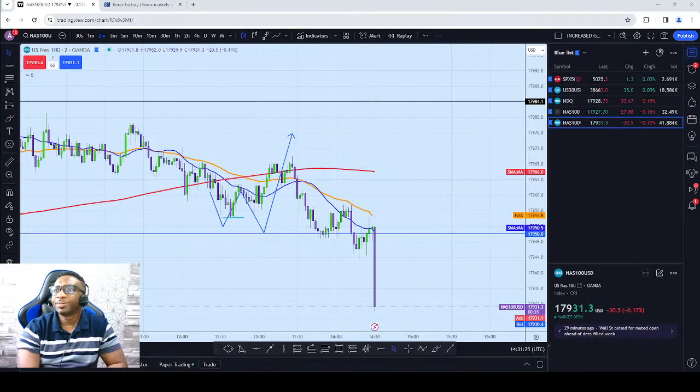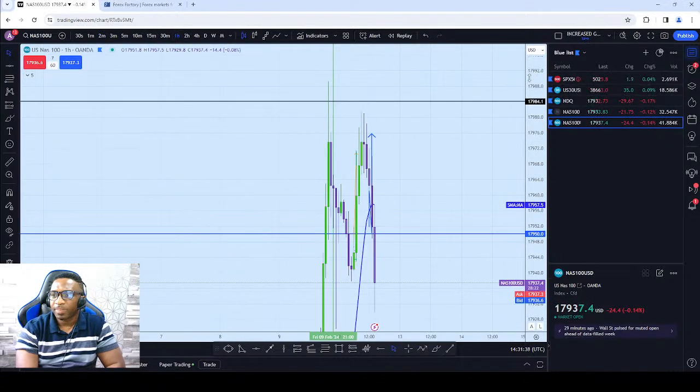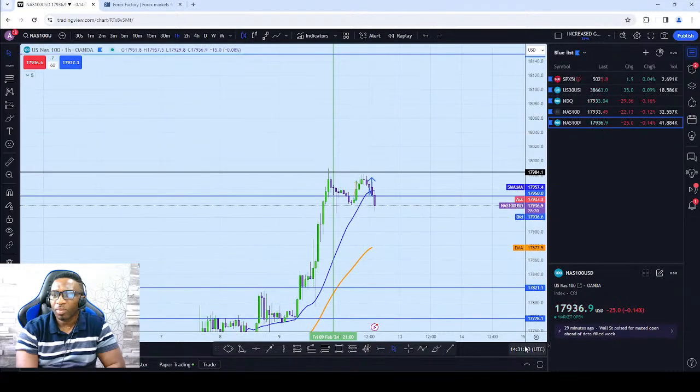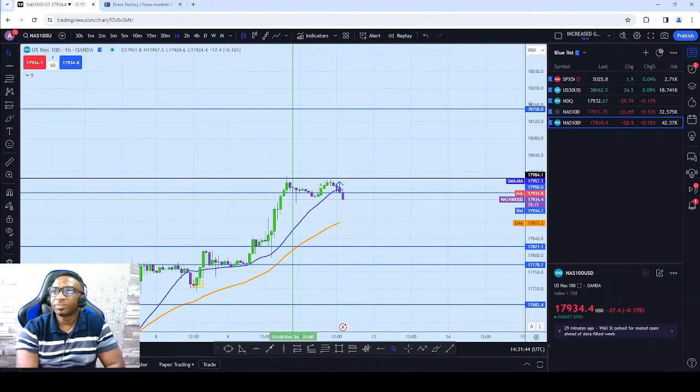Alright, so we can see what's happening here. During the market open, it's pushing downwards from the wide states. Price is pushing downwards from the wide states.